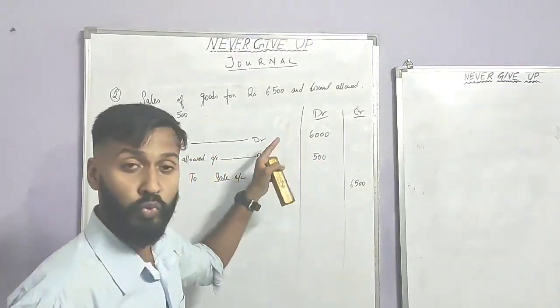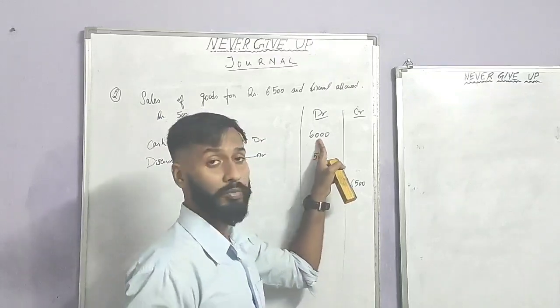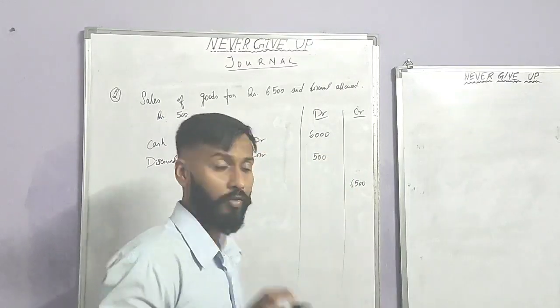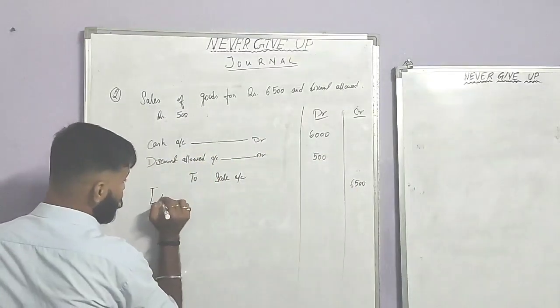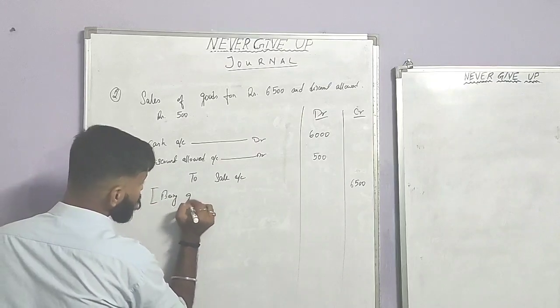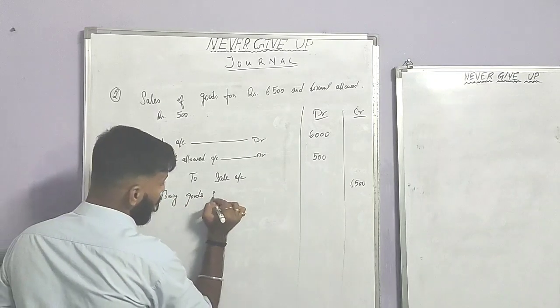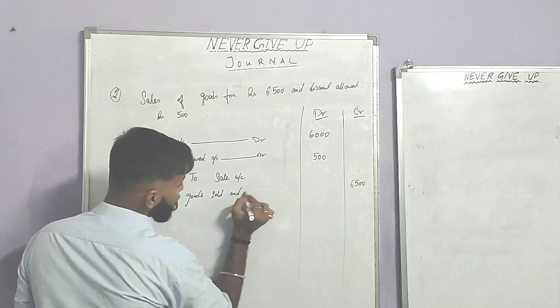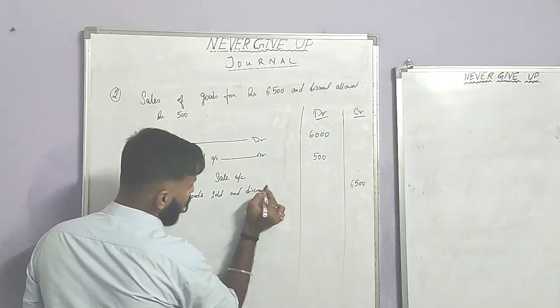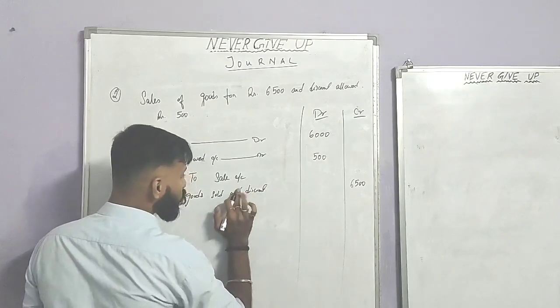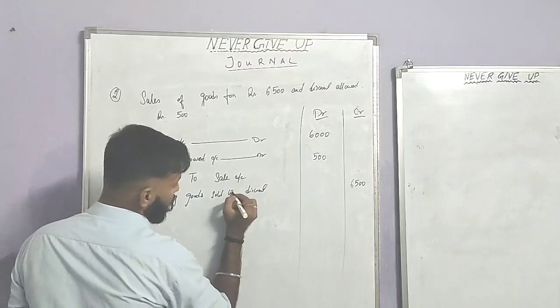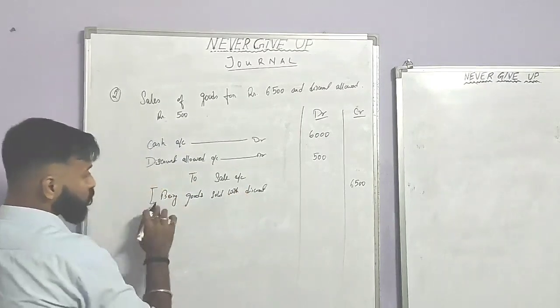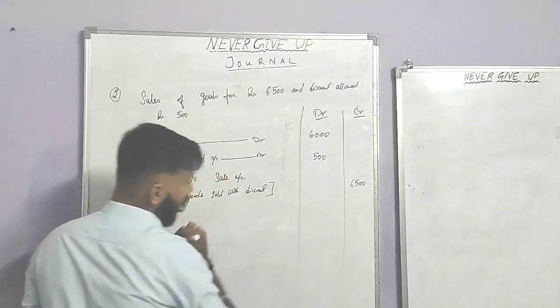Then how much cash will we receive from the customer? That is 6,000. Alright. So the narration is: being goods sold with discount.